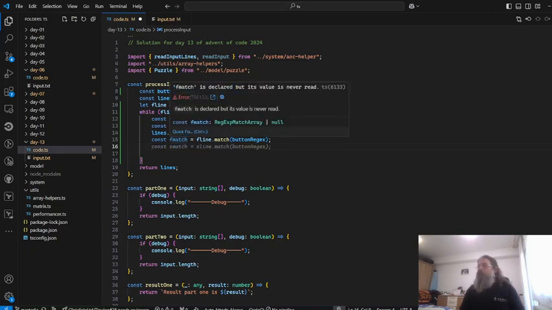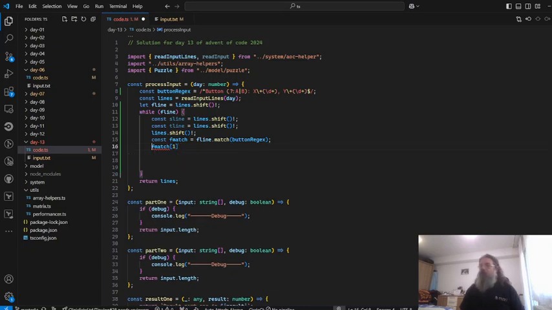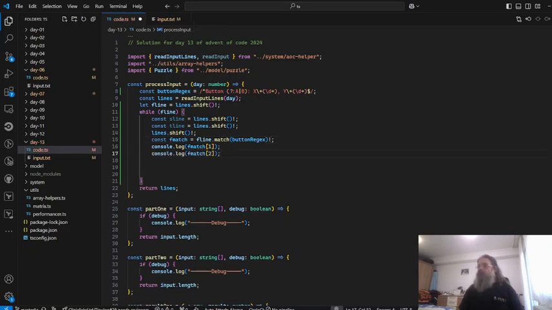And this is a match array, so we can take match of 1, I think, and match of 2. I will definitely log this to the console to see if we have it, yeah, we know this is not null.